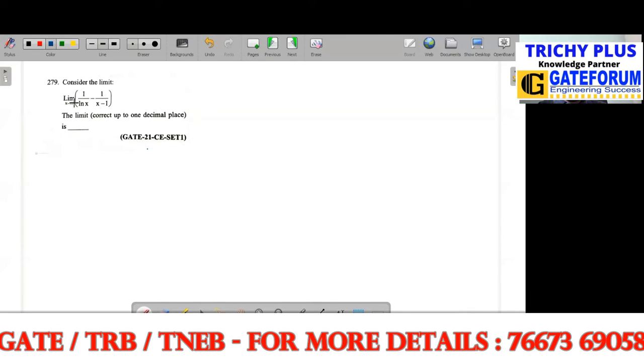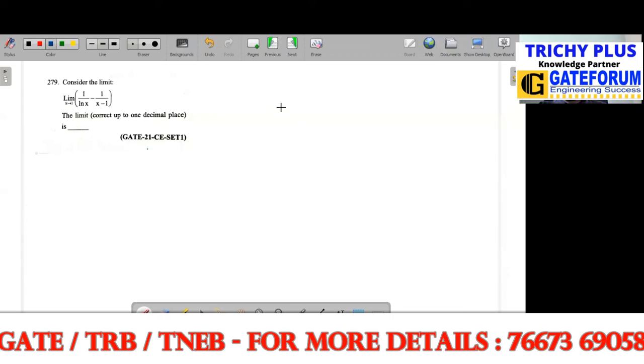If you're getting only infinity, then it's fine. But when you apply 1 here, you will get 1 by 0 and again minus 1 by 0, which means the infinity minus infinity form. Infinity minus infinity is one more form of indeterminate. So what is your goal now?